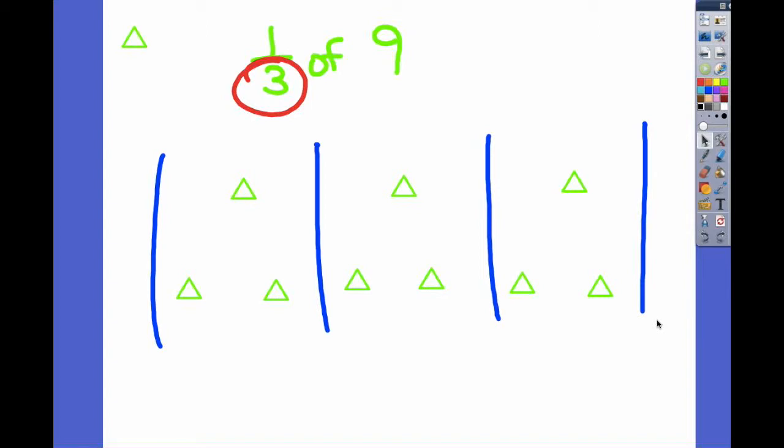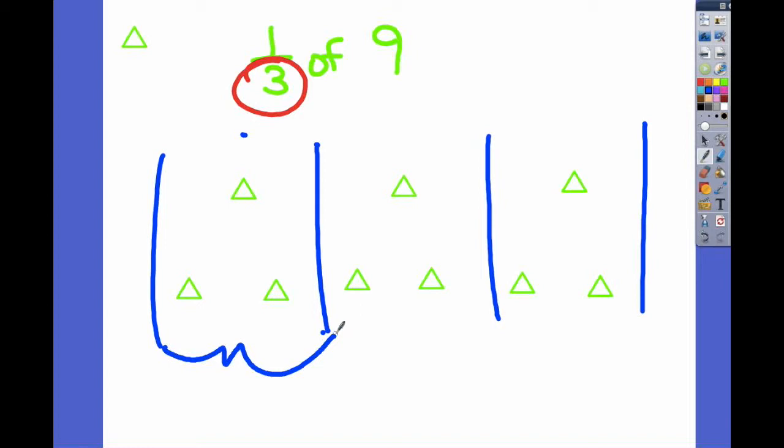So this is divided into thirds, right? If you wanted to go ahead and enclose it, you can. What is this section equal to? 1 whole.